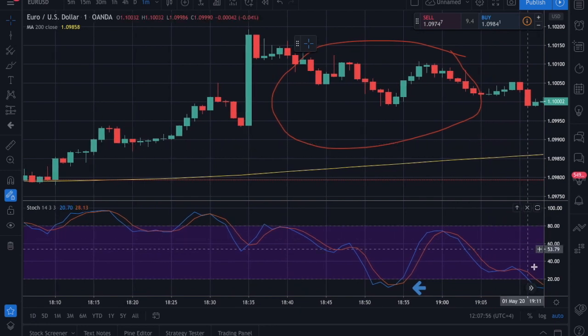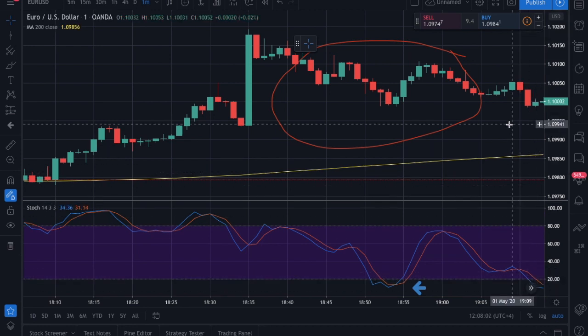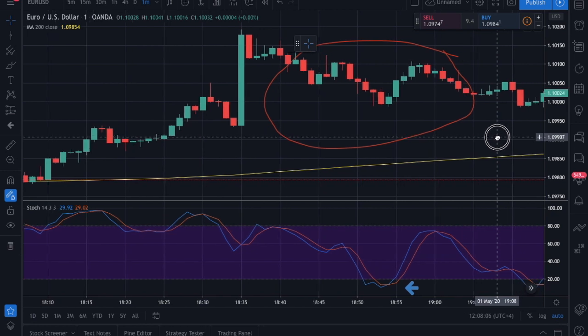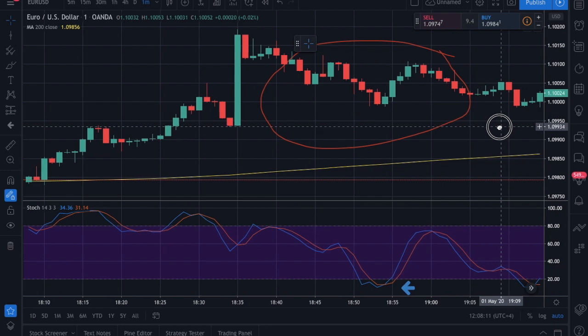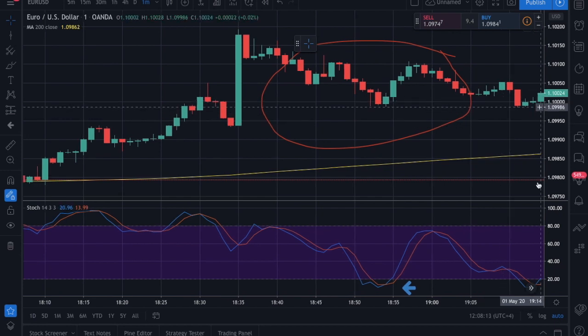We wait for the stochastic to tell us that the lines are crossing, but it's still not crossing. So we don't do anything. We just wait for the lines to cross. So here, after this green candle, you see that the blue and the red line are crossing. That's a confirmation for a buy order.